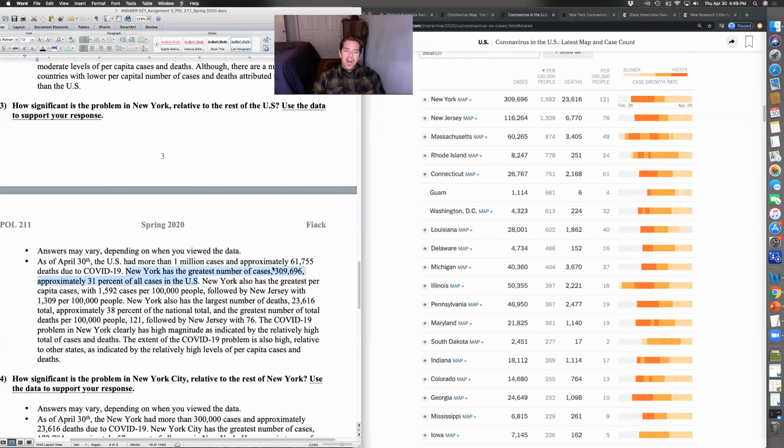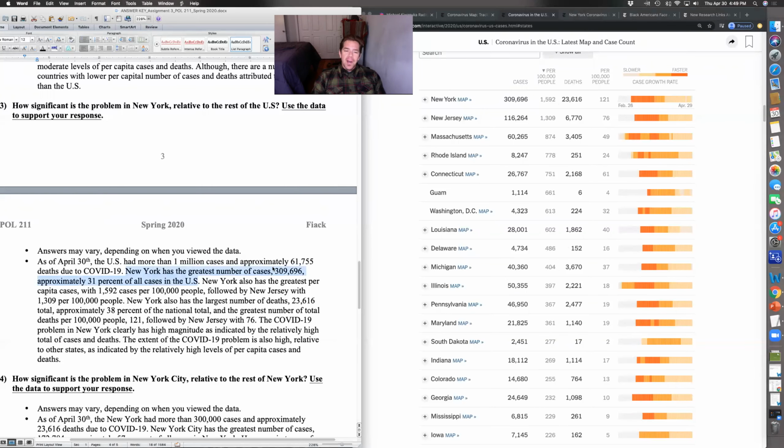But we're substantially high in terms of totals relative to other places, right? So you could say, well, New York has a lot more people than New Jersey, so we ought to control for population rather than looking at these total numbers. So then we can do this per 100,000 people. What we see here is that New York, again, stays at the top, the most deaths per 100,000 people from COVID-19.